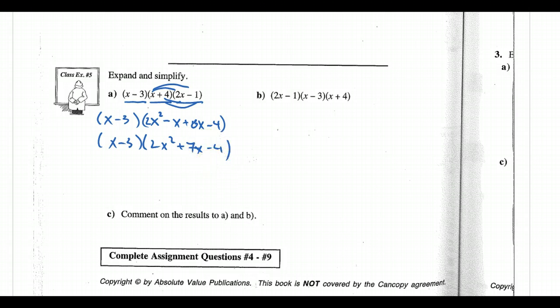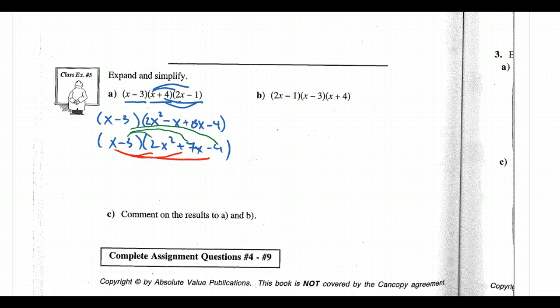Okay, now you're basically doing the same thing we just did a minute ago, and every term has to multiply with every term in the trinomial with the binomial. So again, do your arrows if that helps you. So here we go, 1, 2, 3, 4, 5, 6. So you should get 6 terms.